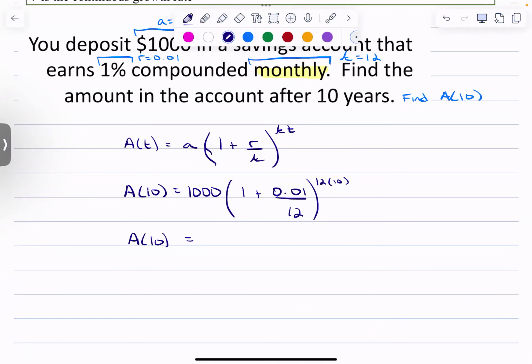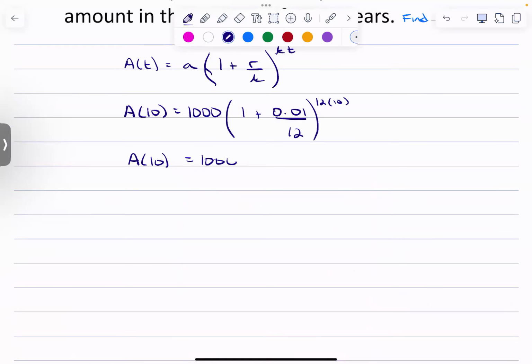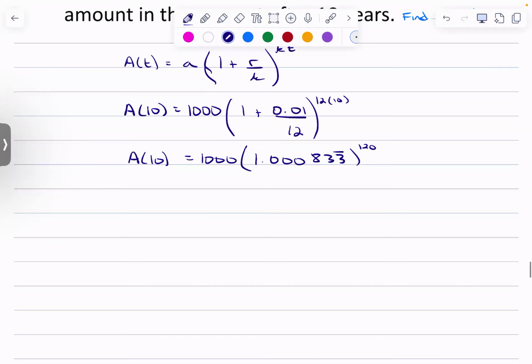A of 10 is going to be 1,000 times, and I'm going to simplify, so 0.01 divided by 12 plus 1 is very small, 1.000833 repeating. I'm going to make sure that I keep all those decimal places in my calculator, because people don't like when you round unnecessarily with their monies. They get really upset usually. To the power of 120.